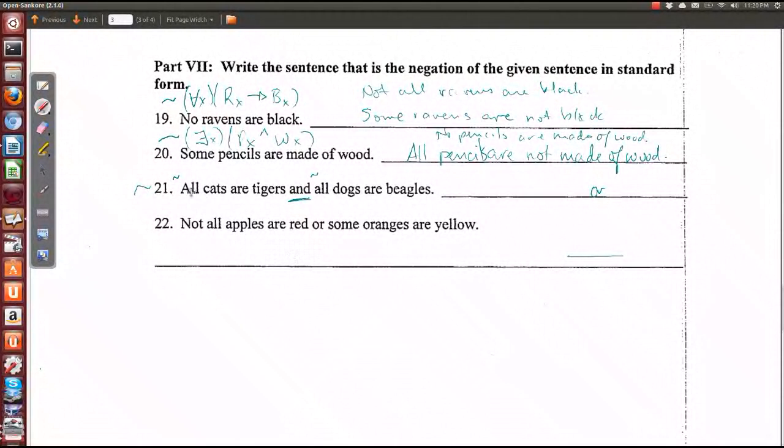So instead of saying all cats are tigers, I want to say some cats are denying the consequent, not tigers, or the negation of all, some dogs are denying the consequent, not beagles.